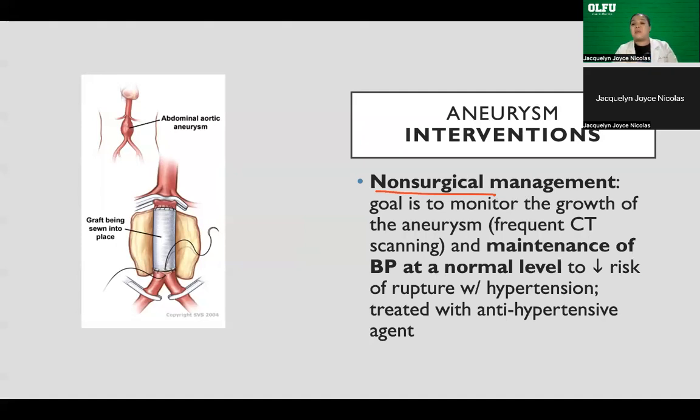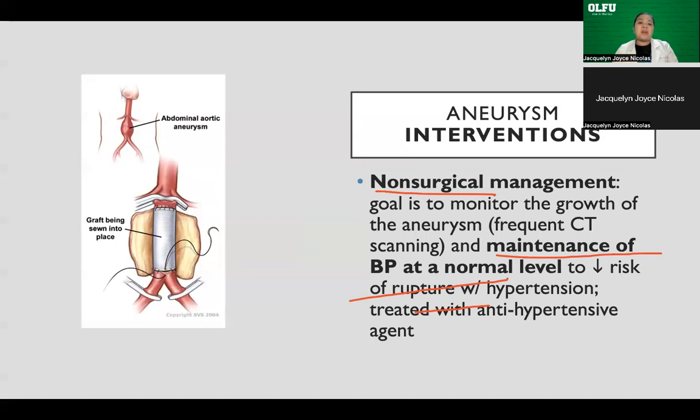So, bawasan ng pressure. Kaya nagkakaroon ng aneurysm kasi sobrang taas ng pressure, di ba? So, babaan ng pressure by maintaining blood pressure at normal level. It decreases the chances of rupture, and it can easily be managed by an antihypertensive drug.